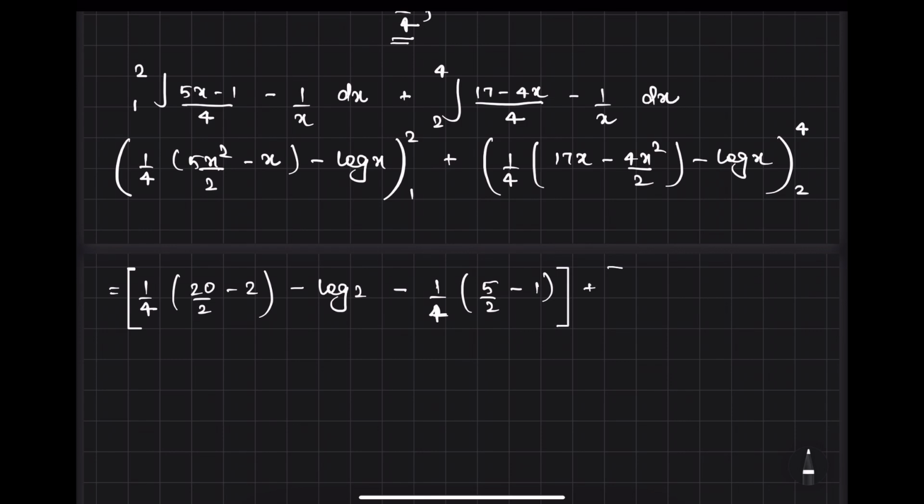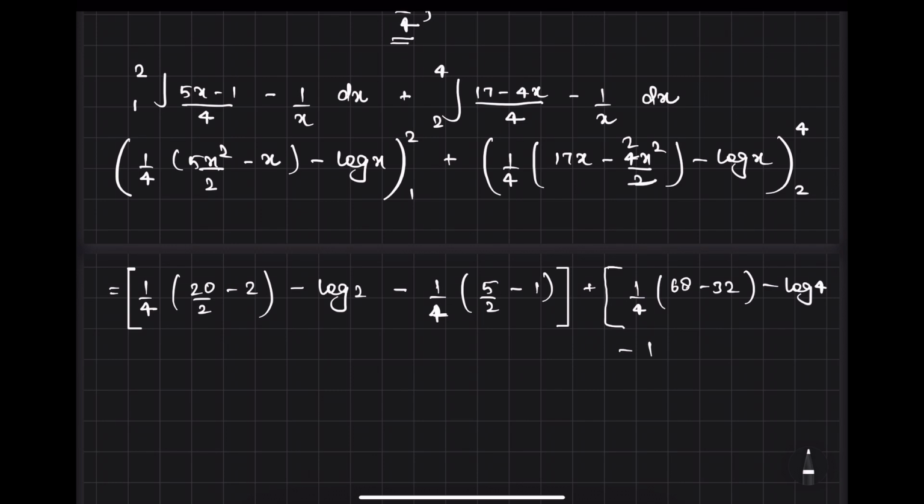Now plus 1 by 4. So it is 68, this is 2, 32, minus log 4. Done. Now we have to substitute the lower limit.